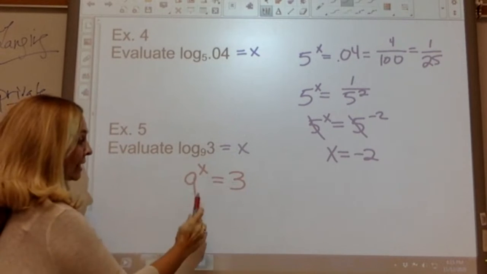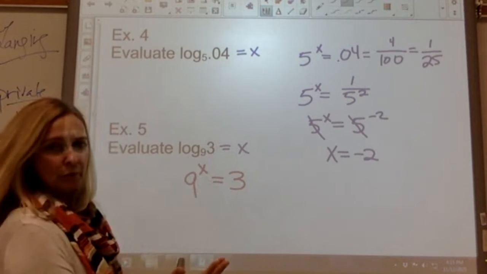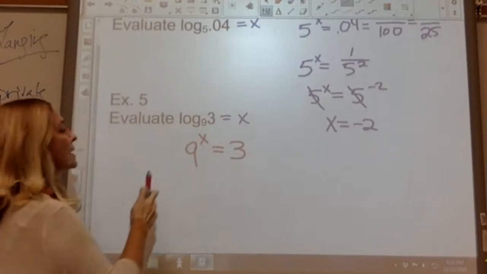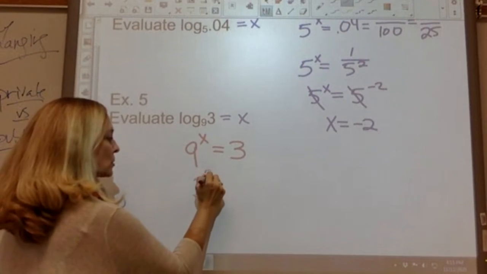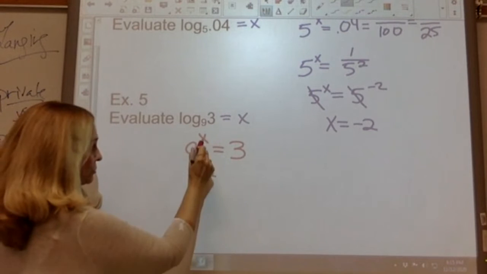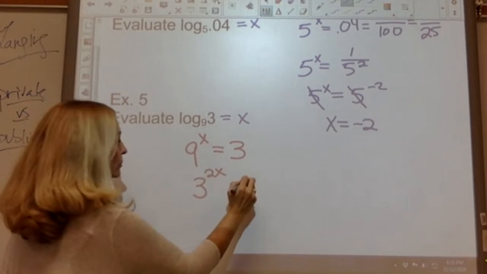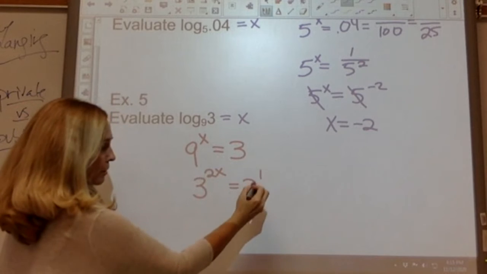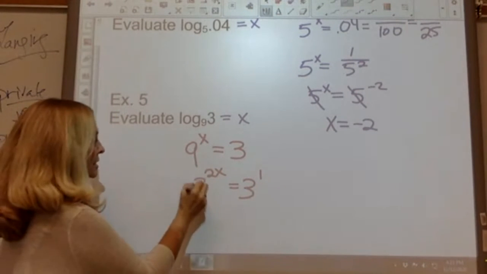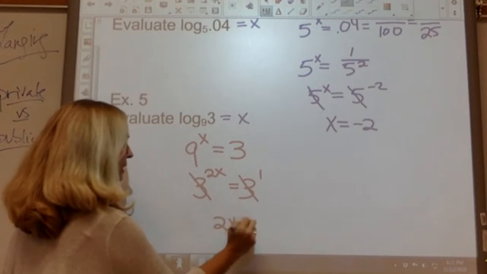But when I see 3 and 9, I should immediately think, oh, 9 is 3 squared. So I'm going to change this because that's what comes to mind first. So this is 3 squared, but I already had an exponent here of x. So this 2 just gets multiplied by that x, which was already there. And this equals 3. This is to the first power because I don't have an exponent, so it's going to be 1. So now these bases match, and this gives me 2x equals 1.